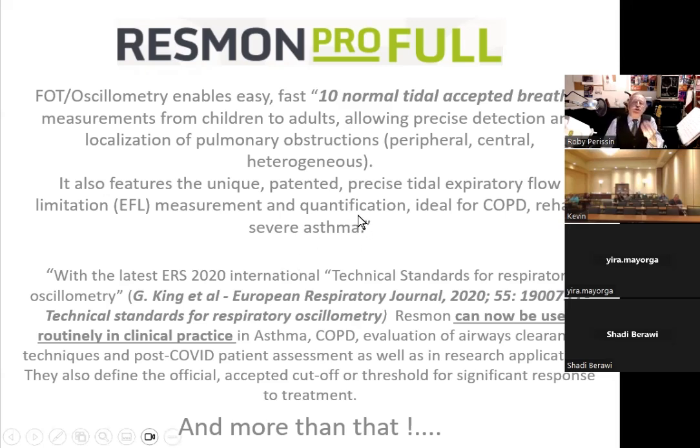We can also feature now with oscillometry an extra parameter, which is going to be extremely interesting for your COPD testing, even over time, and for your pulmonary rehabilitation sessions before and after. It's called the tidal expiratory flow limitation, which I'm going to describe.